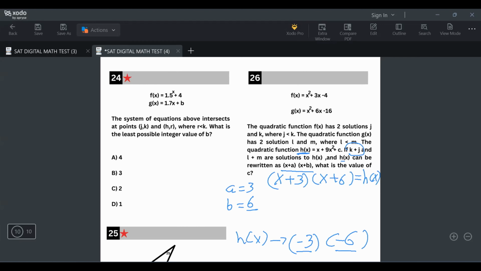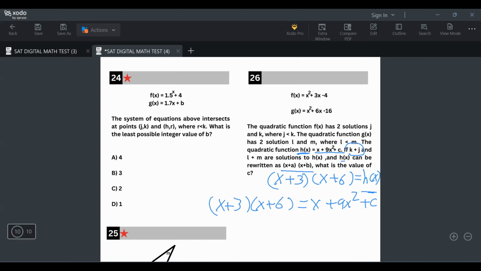And we also know that h of x is equal to this equation here. So we can equalize them to each other and then expand the left side. So we will have x plus 3 multiplied by x plus 6 is equal to x plus 9x power 2 plus c.